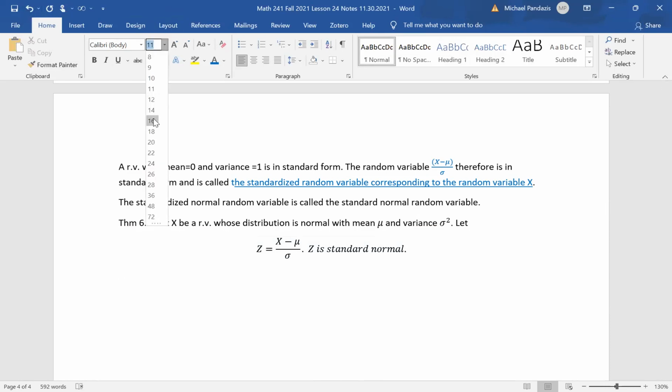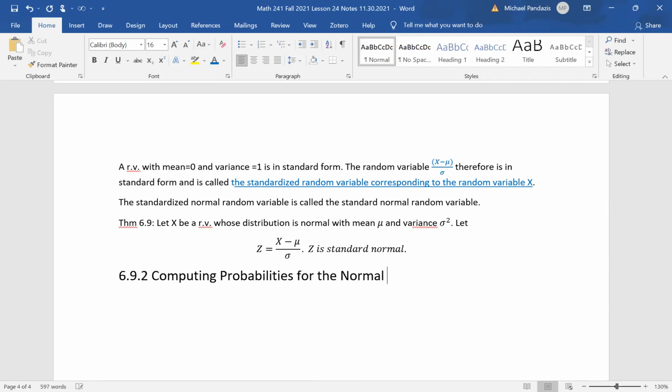Next section, 6.9.2. Computing probabilities for the normal random variable.